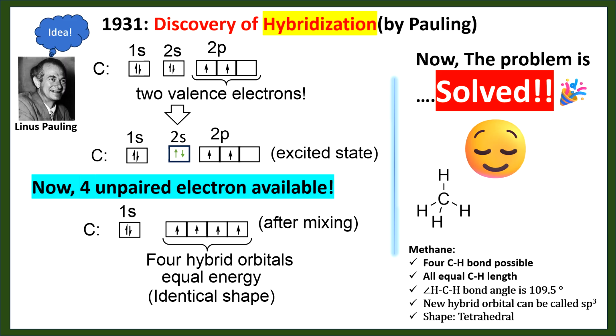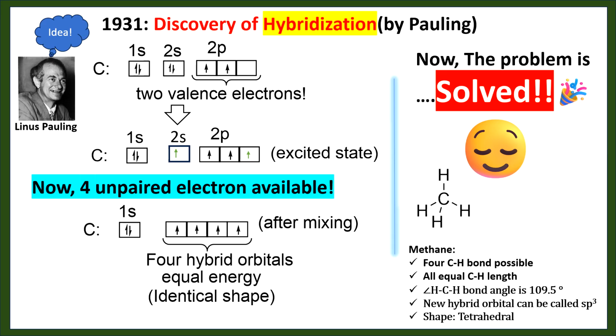In 1931, scientist Pauling came with a new idea. He explained that carbon has 2 unpaired valence electrons in the ground state electronic configuration, but during bond formation it gets excited, and one electron from the 2s orbital shifts to the 2p orbital. Now we could see there are 4 unpaired electrons possible in the excited state.